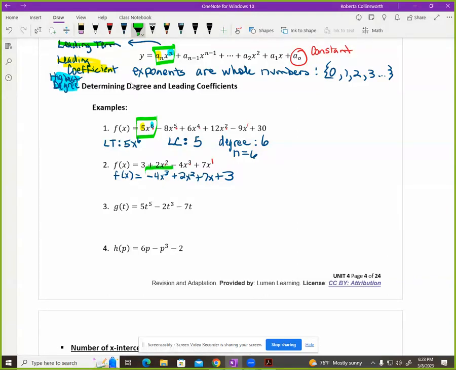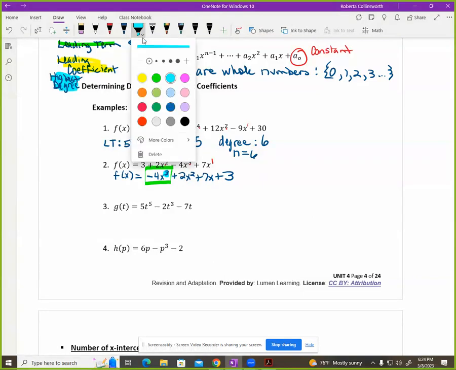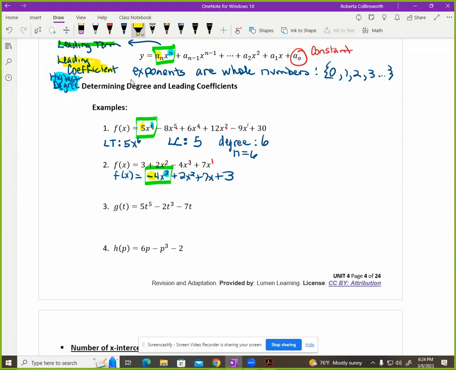So here's my leading term. This is my highest degree, or my degree, or n. And then I have my leading coefficient right there. So my leading term is negative 4x cubed. My leading coefficient is negative 4. And my highest degree, n, is 3.